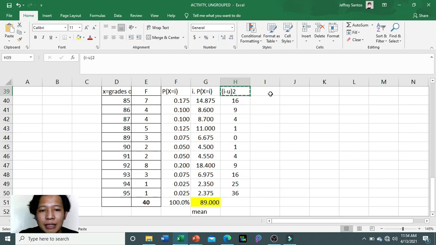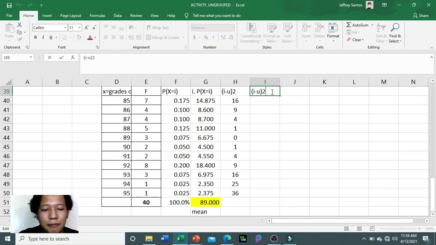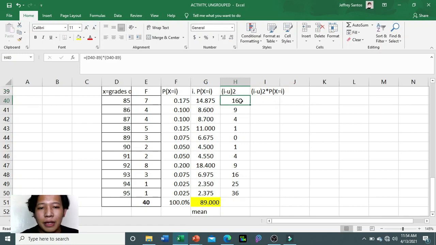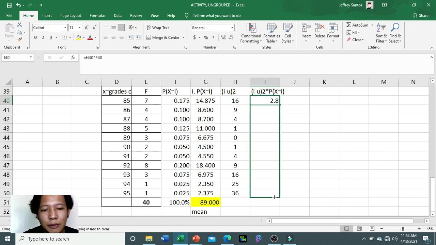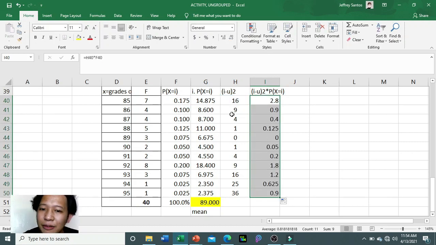So we have here the first squared difference multiplied by its probability, which gives us 2.8, and then we do it with the rest of the values.